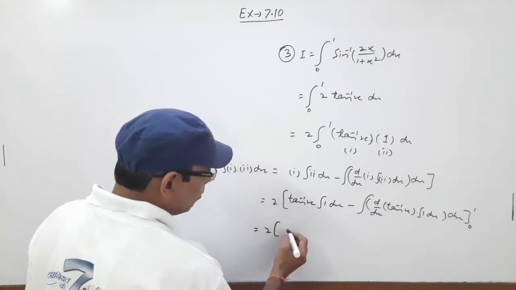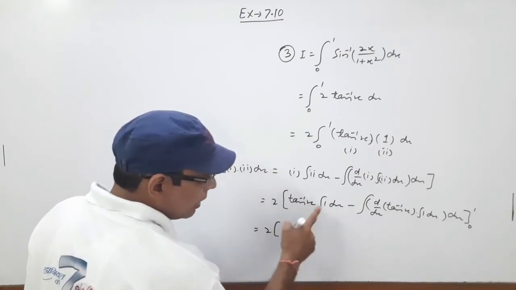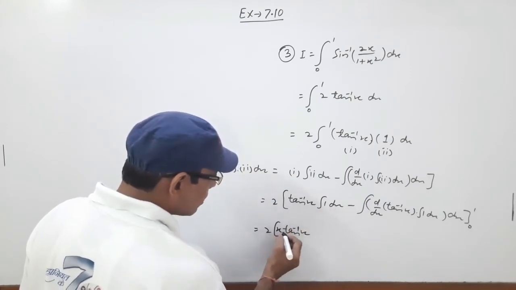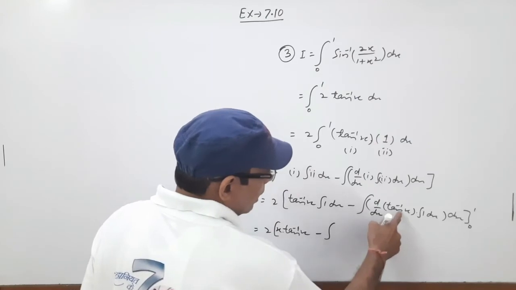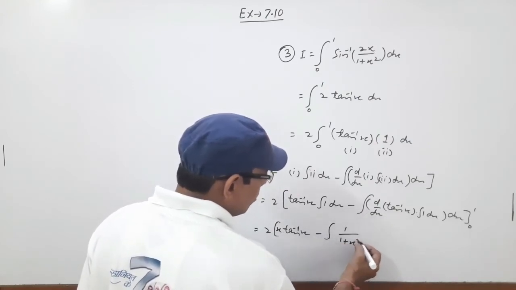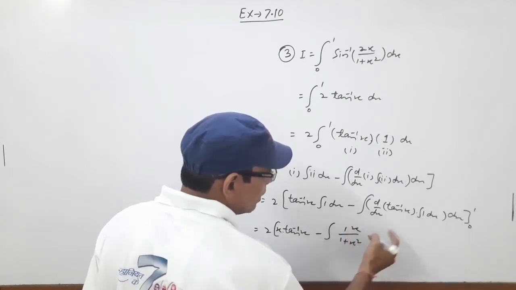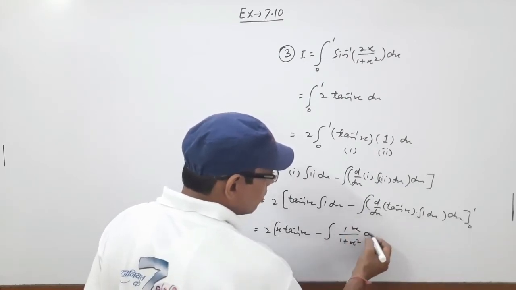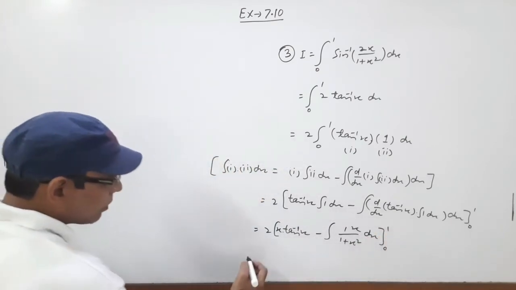Then we have 2 times tan inverse x, and the integration of 1 dx is x, then we can write x tan inverse x minus, the differentiation of tan inverse x is 1 upon 1 plus x square, and the integration of 1 dx is x, and dx, and the limit is from 0 to 1.